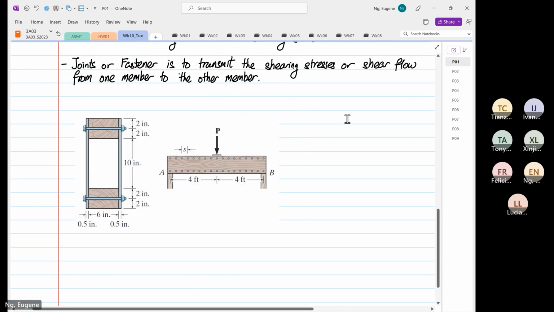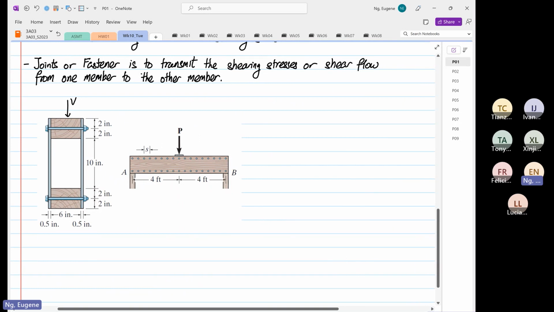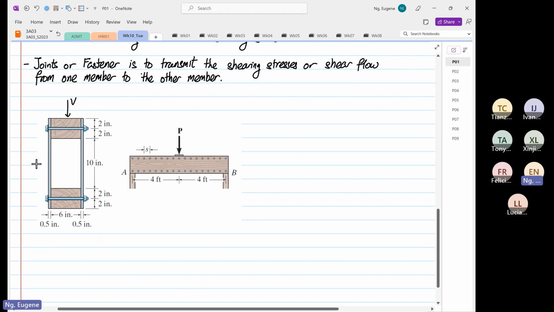Now we know that there's a shear force coming from the top, V. I'm just going to draw the top portion to explain what I mean by those two rules. This over here is the centroid.